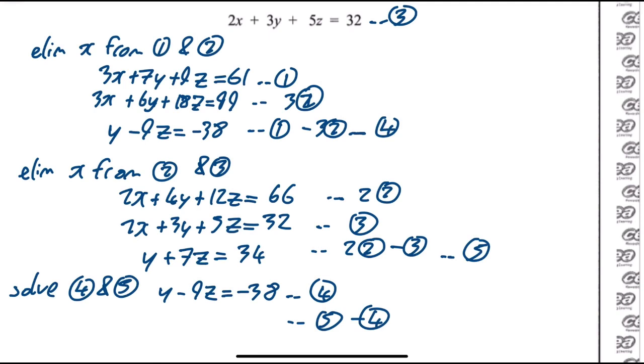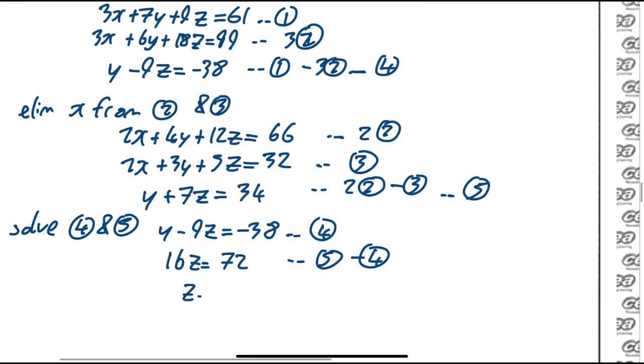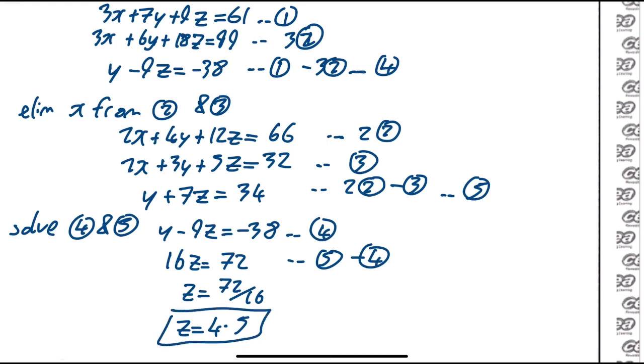You will have y minus y disappears. 7z minus minus 9z is 7z plus 9z, which is 16z, and that is going to be equal to 72. And that's quite a nice number. Divide across, you'll have 72 divided by 16, which as I say is quite nice. That's 4.5. I like to put that in a wee box just to keep me right.